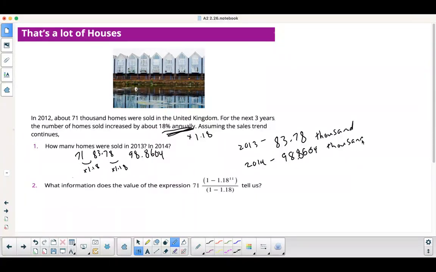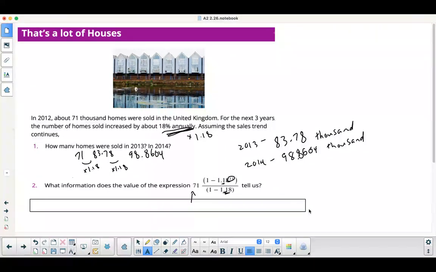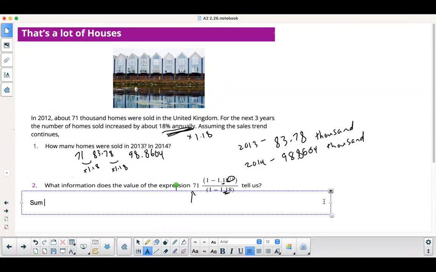Okay, so what information does the value of this expression tell us? Well, this is my initial value in 2012. This is my rate, and this is the number of terms. So that would be the total sum of all houses sold in the United Kingdom from 2012.